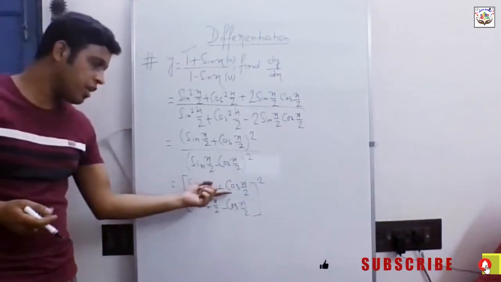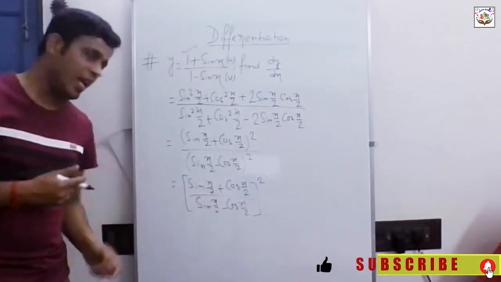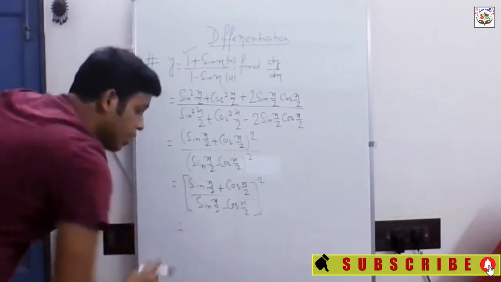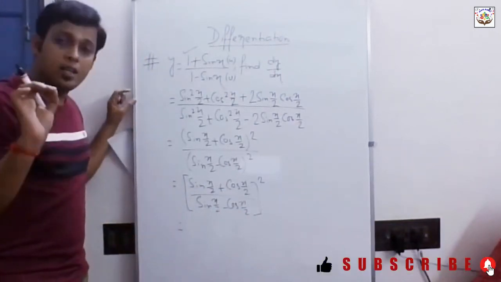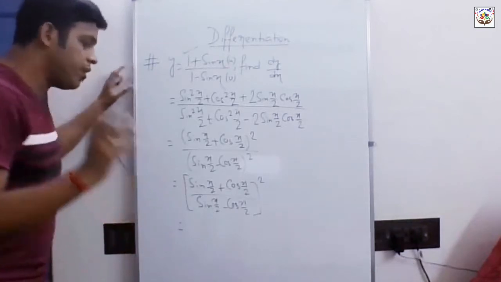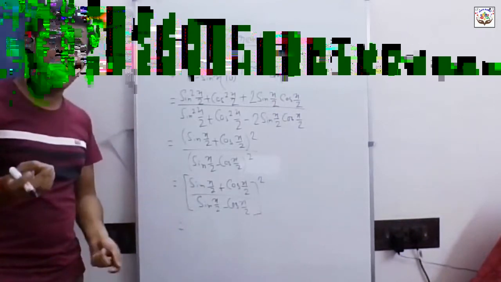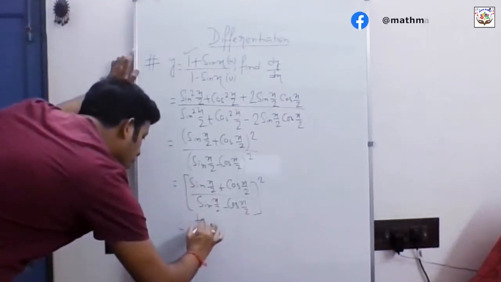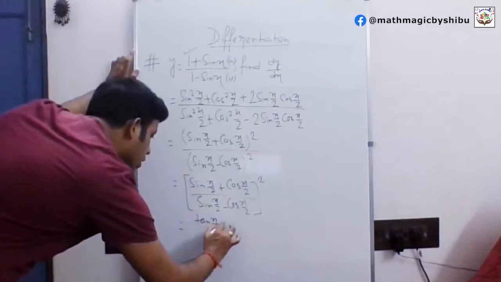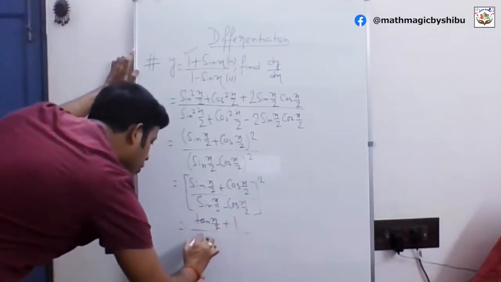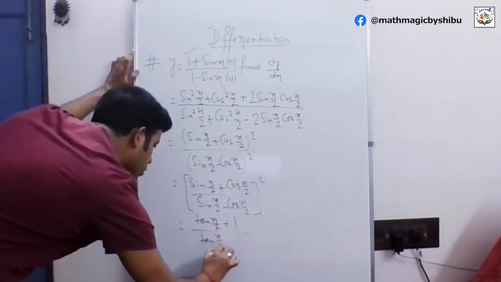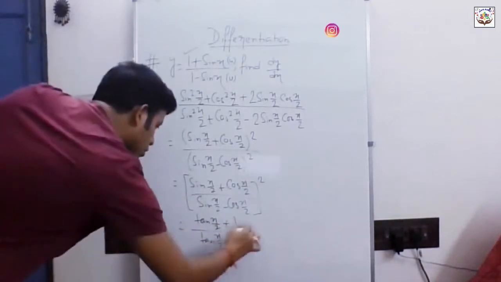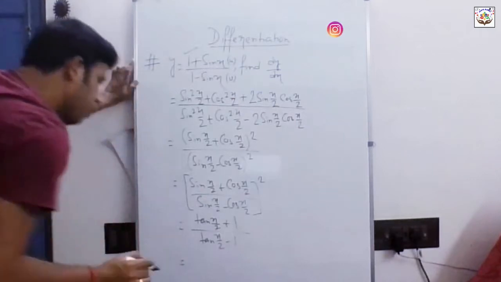Now, if we divide both the numerator and denominator by cos x/2, okay, we will be dividing both numerator and denominator by cos x/2, so it would become tan x/2 plus 1, and it would become tan x/2 minus 1. Okay. So what will we be getting?